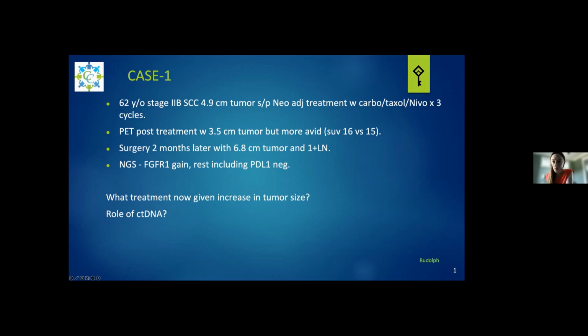To your broader point at the beginning, to my mind, the application of ctDNA is any context in which your scans are not accurate or sensitive enough to allow you to make the most important treatment decisions. So that's certainly the case post definitive therapy when you're looking for minimal residual disease or microscopic disease.